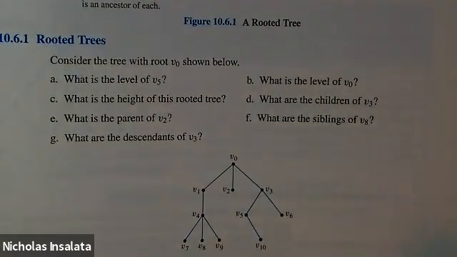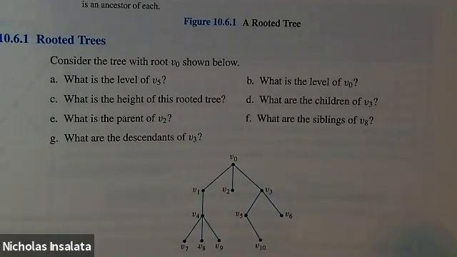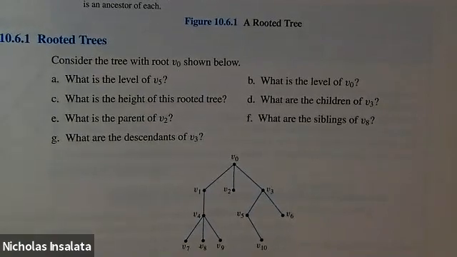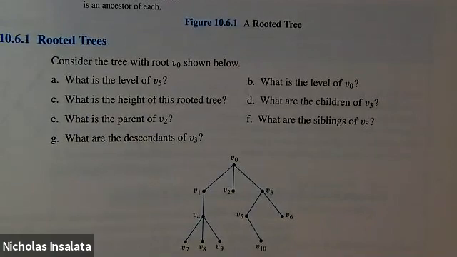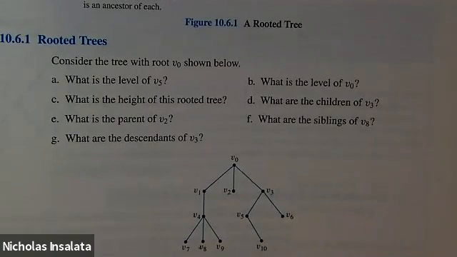Consider the tree below, and let's answer some of the questions. So what's the level of V5 right here? 2, perfect. Okay, what's the level of V0? 0, nice. What is the height of this tree? 3, very good.